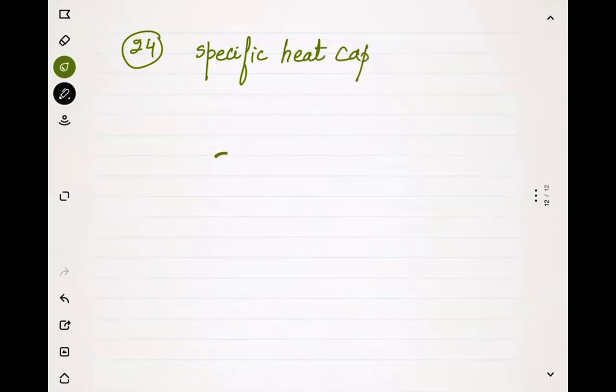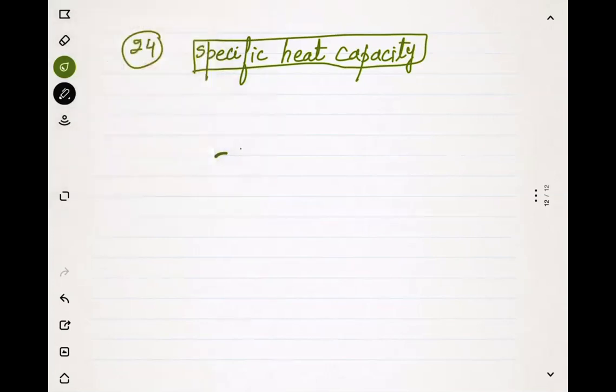The last quantity that we have to cover, number 24, is specific heat capacity. In your O level, you are familiar with this, and you represent this with smaller c.